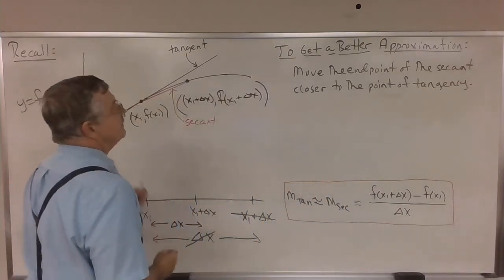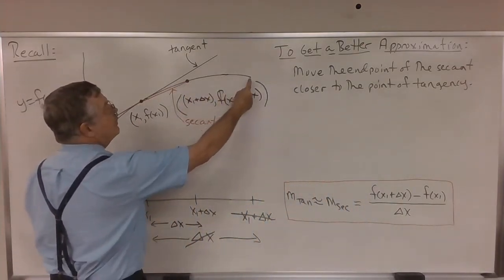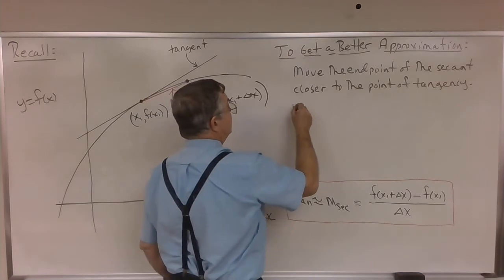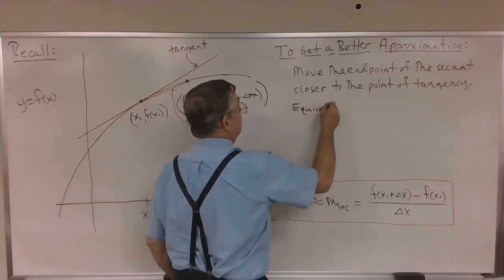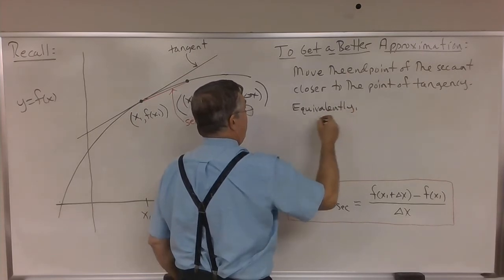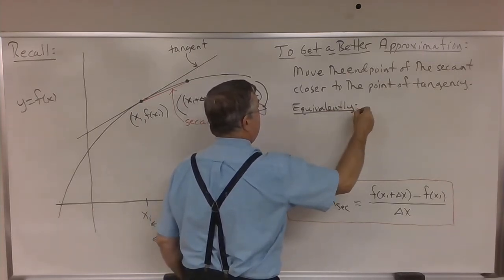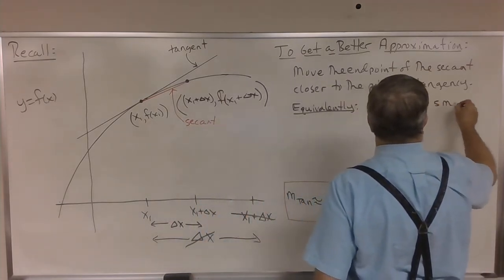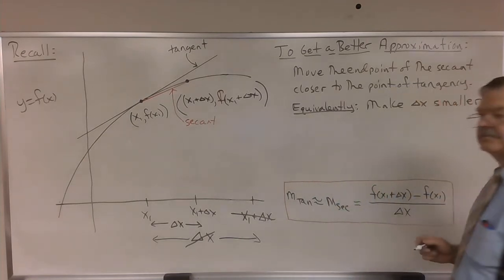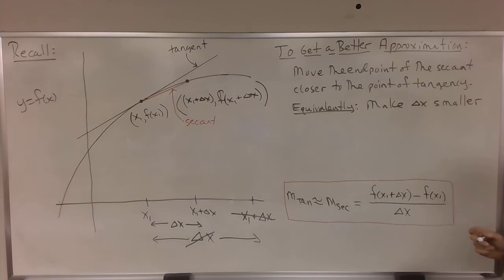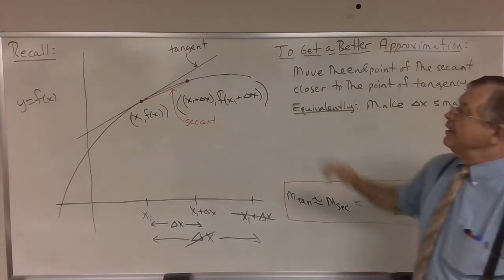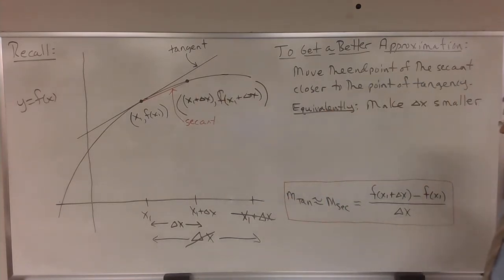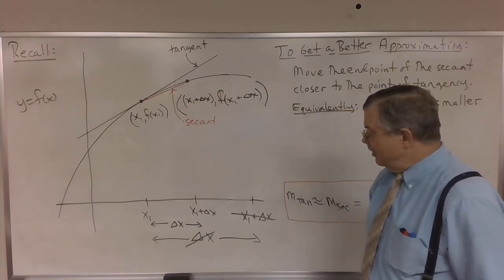To get a better approximation, move the end point of the secant closer to the point of tangency, or equivalently, make delta x smaller.